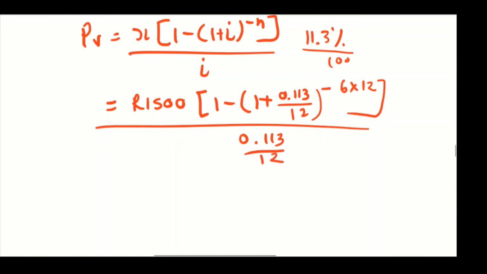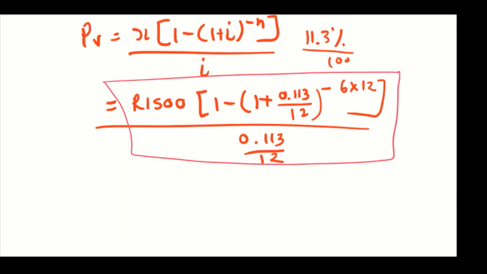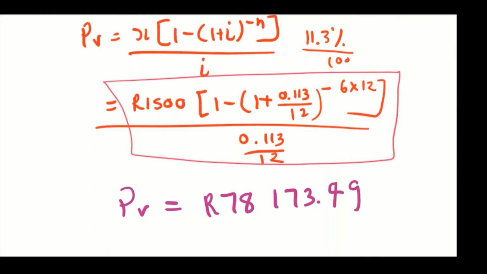Now you can punch the entire expression into your calculator. What are you getting? Let me know in the comments. So this is the present value annuity, or sorry, this is the loan. Yes, the present value annuity loan of 78173.49. This is the loan that will be taken.